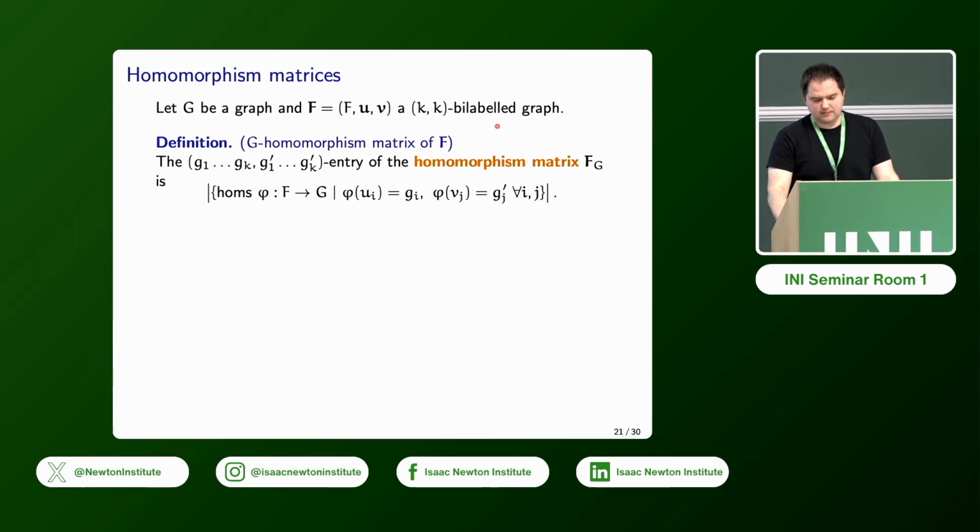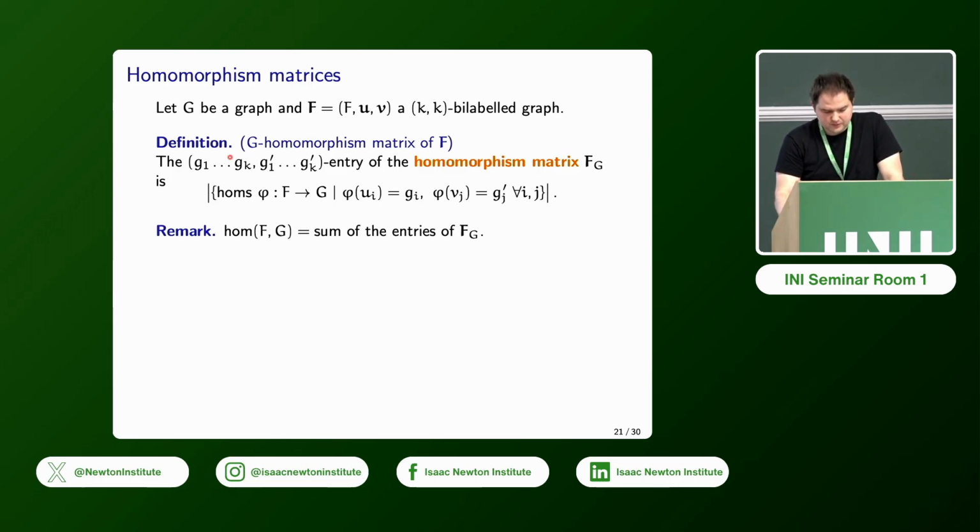We have a bilabeled graph F, with the input and output labels, and the entry of this matrix is labeled. The first part is labeled by g1 to gk, so by a k-tuple, and the second one is labeled similarly, and this corresponds to the number of such homomorphisms that satisfy the following conditions, right?